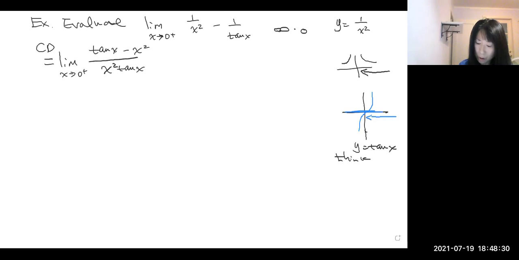So 1 over 0, what do you get? 1 over 0 means 1 over 0.000001, a very tiny number. What do you get for this one? Infinity, right?